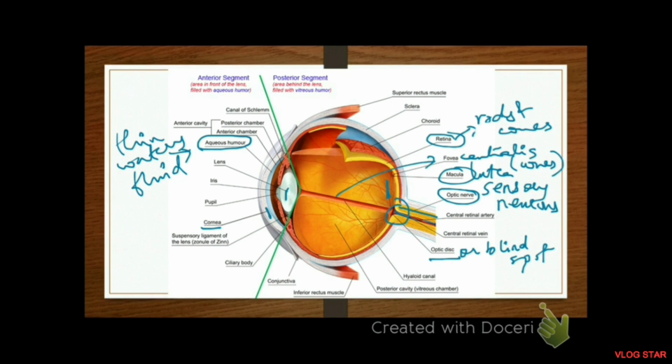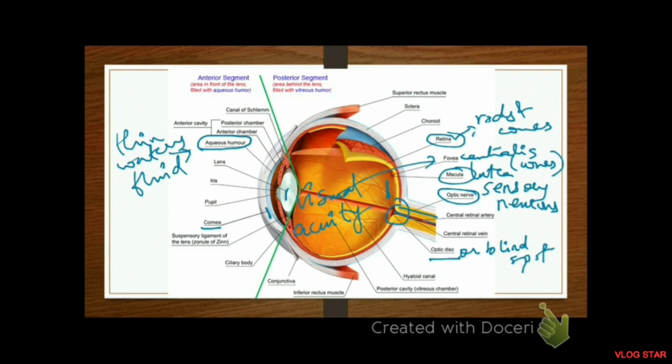Visual acuity, what do you mean by this? Visual acuity means the maximum resolution, the fine image that you can get, and that is at the Fovea Centralis.